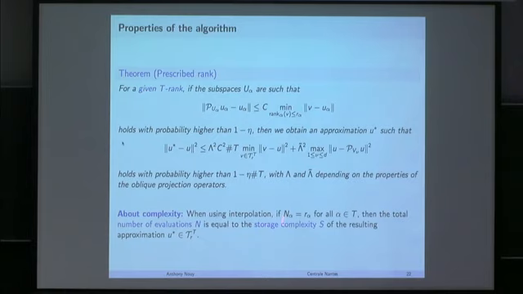So the number of samples you can choose as a minimal amount of information is equal to the rank you have specified. If you do this in the context of interpolation, the algorithm will only evaluate the function at a number of points exactly equal to the storage complexity. At the end you obtain an approximation which is not equal to the function where you have evaluated it, so it's not interpolation, but the number of points you have evaluated is exactly equal to the storage complexity.